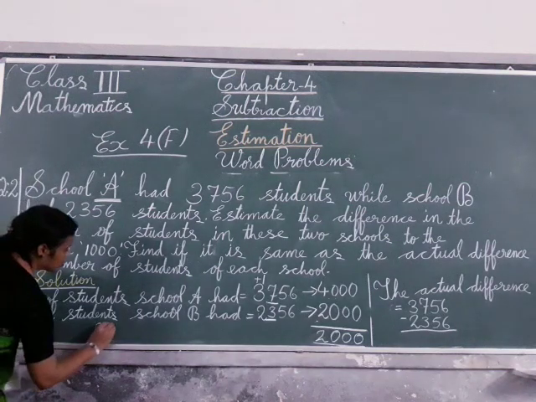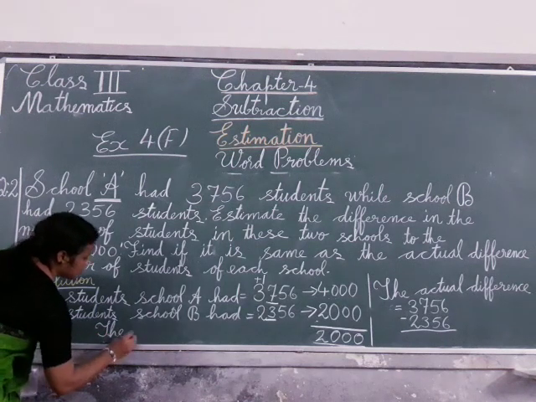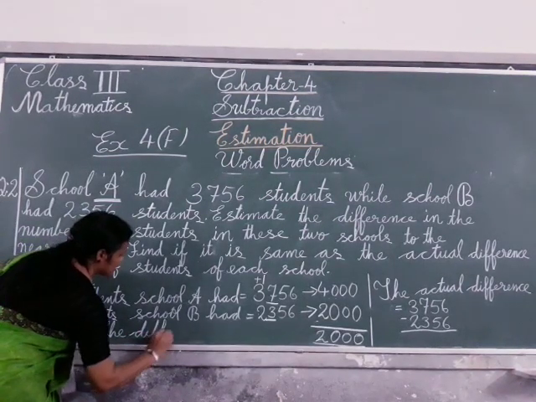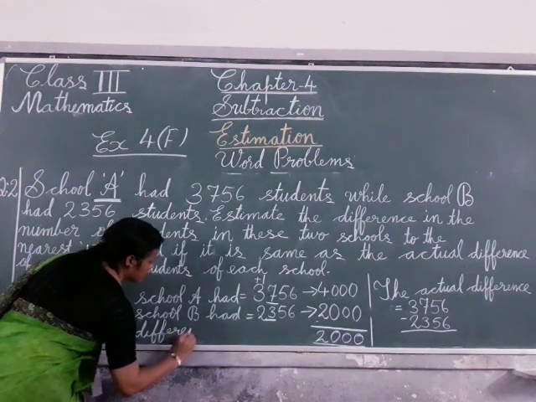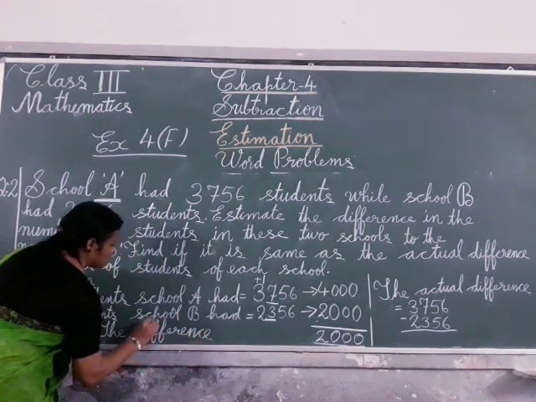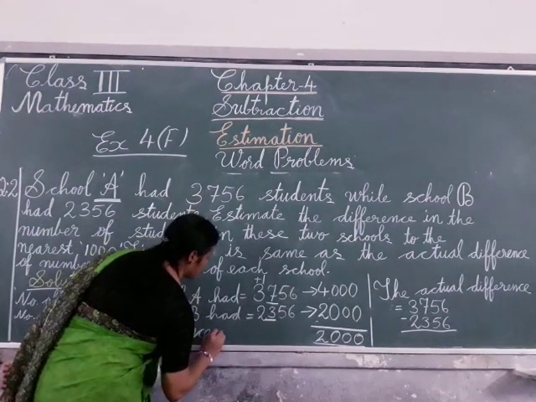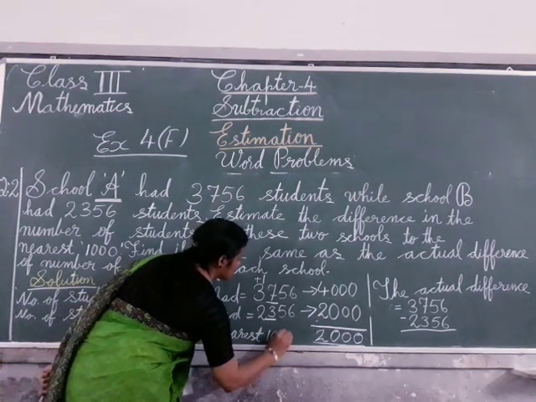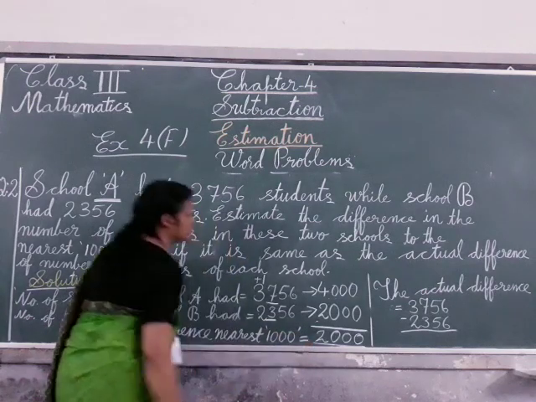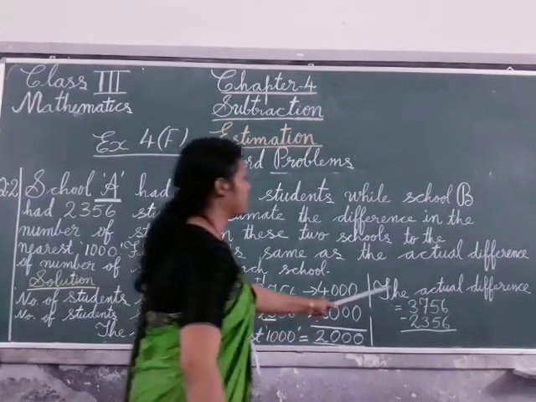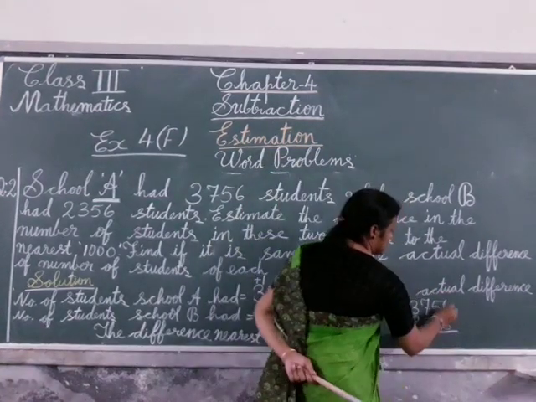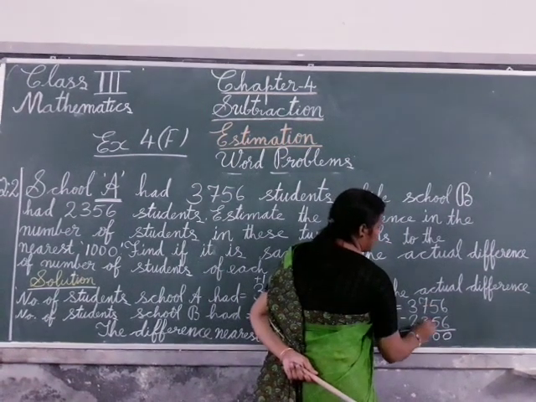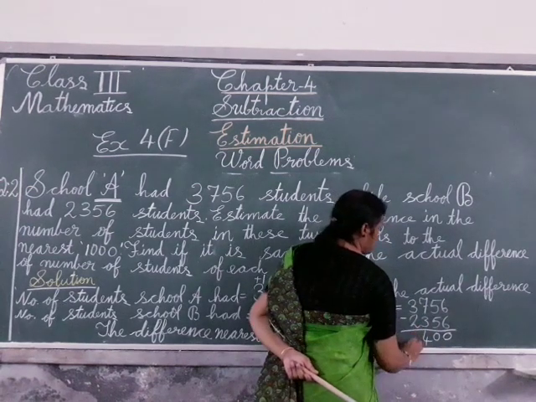The estimated difference to the nearest 1,000 is equal to 2,000, and the actual difference, let us find out here. 6 minus 6, 0; 5 minus 5, 0; 7 minus 3, 4; and 3 minus 2, 1.